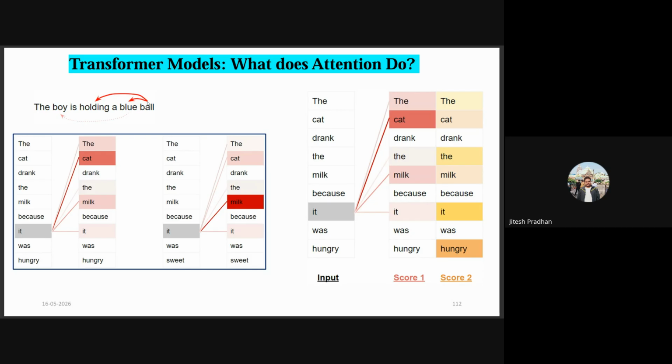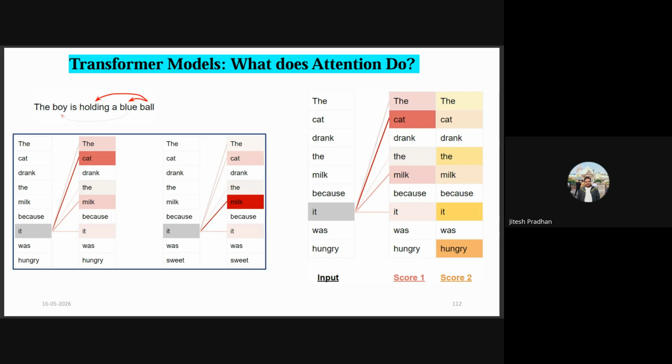Then that ball is being held, and someone is holding it, so there is another relation: the boy. A ball is closely related to blue and to holding because they are near relationships. The boy is less related, but blue is related somehow to the boy. This is called attention, where we establish the relationship between different words and their order.